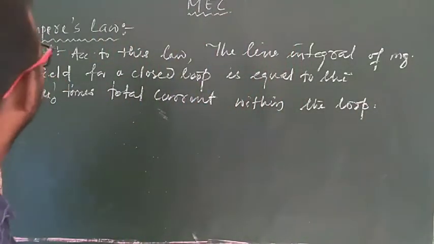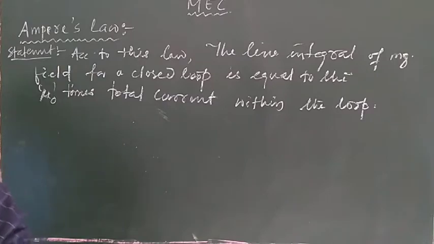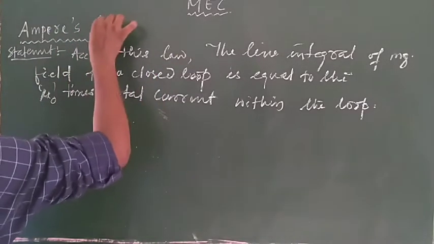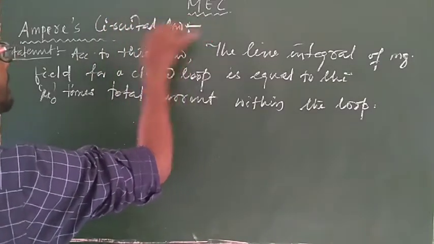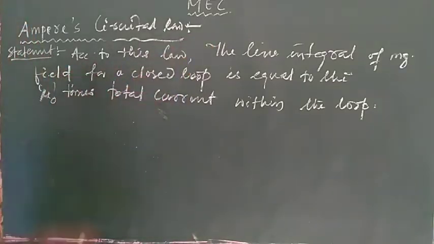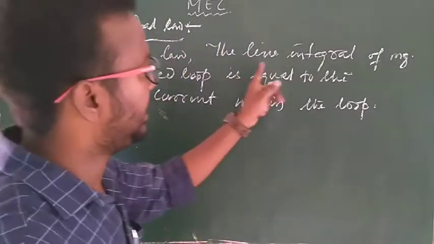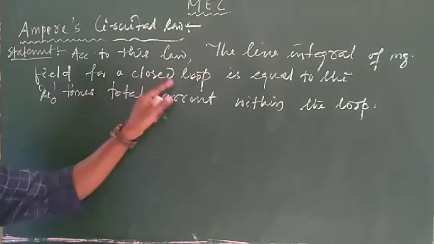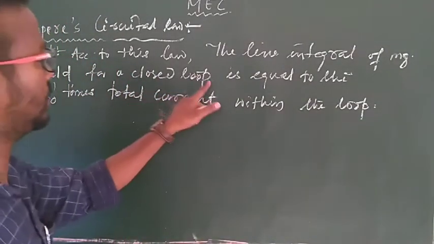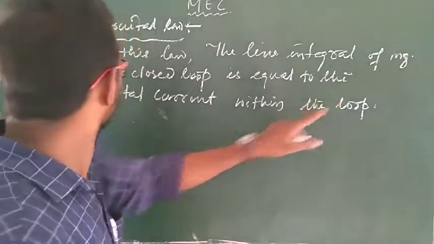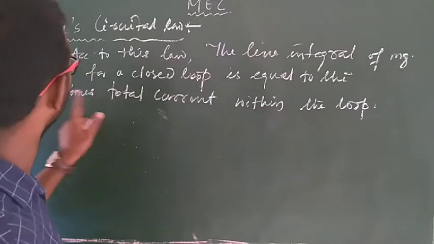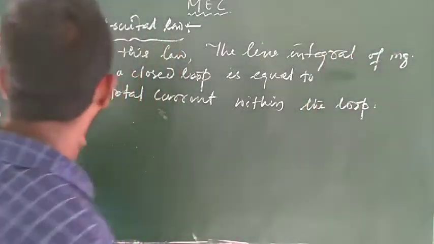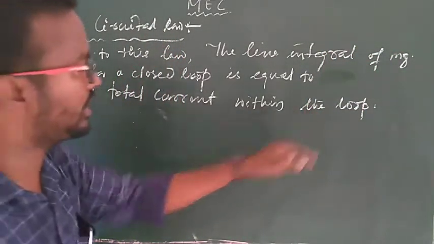This is the statement of Ampere's circuital law. According to this law, the line integral of magnetic field for a closed loop or any circular loop is equal to mu naught times the total current within the loop.